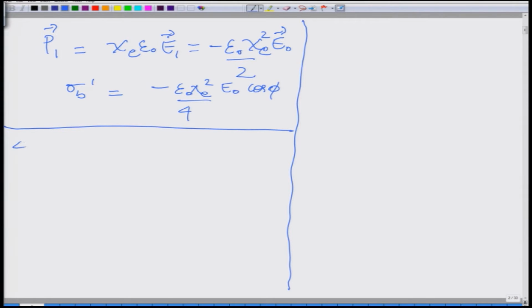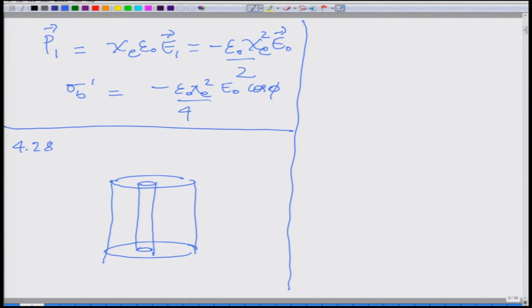Now problem number 4.28 consists of two metallic tubes which are coaxial, and these are placed in a container which contains dielectric oil.